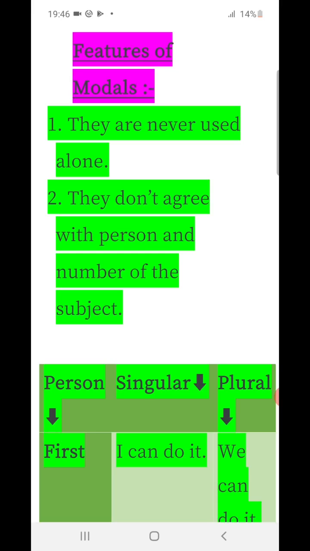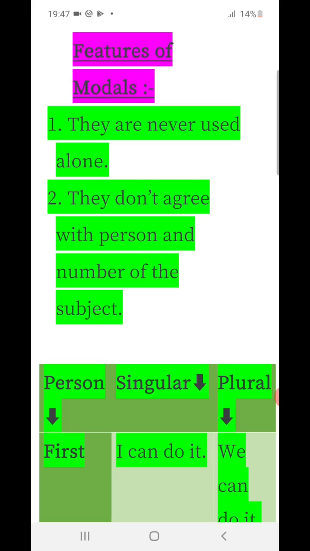So, if any subject is in first person, second person, or third person, it doesn't matter. Or whether it is in singular form or in plural form, it also doesn't matter.